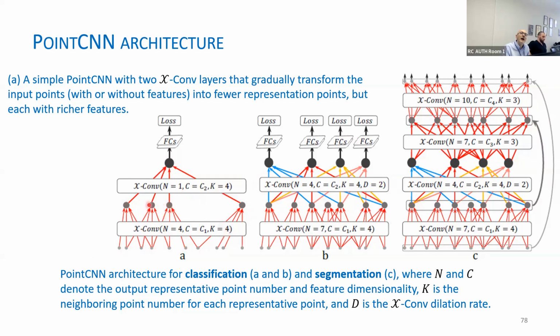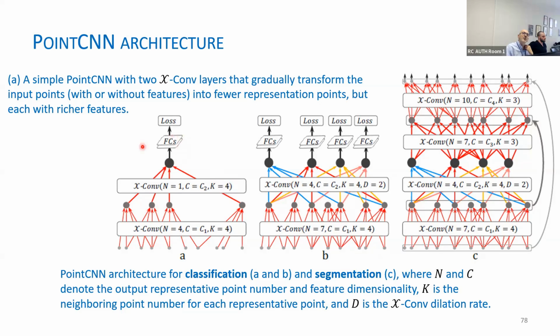And 4 is also the number of representative points. And we can do this for several levels. So in this case, we pass from 4 to 1, and again, this point accumulates information from the 4 neighbors.